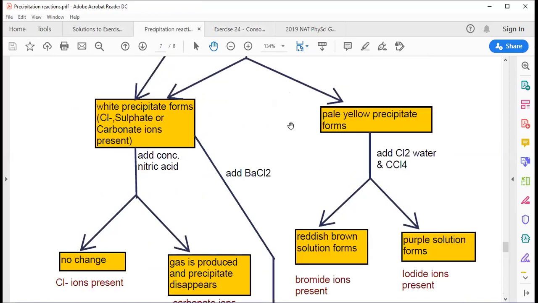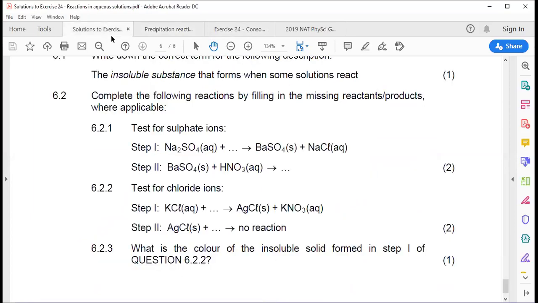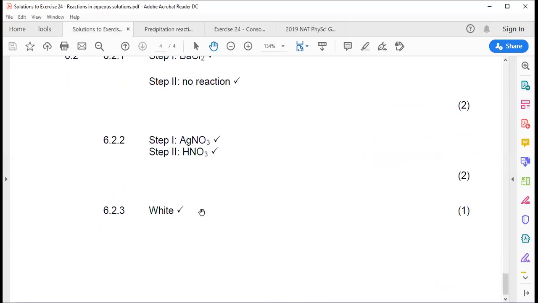It is the bromide and the iodide that form a pale yellow precipitate. So the answer becomes white precipitate. Right, this brings us to the end of this consolidation exercise.